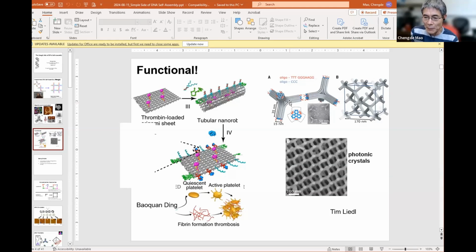However, in some cases, we have no choice. You have to go with RNA. Inside of a cell, for example, you want to interfere with the cellular process. Inside of a cell, they can generate single-strand RNA easily and abundantly. So in those cases, you want to take advantage of RNA.